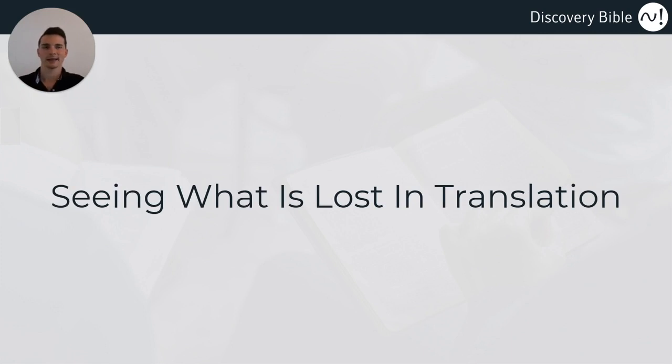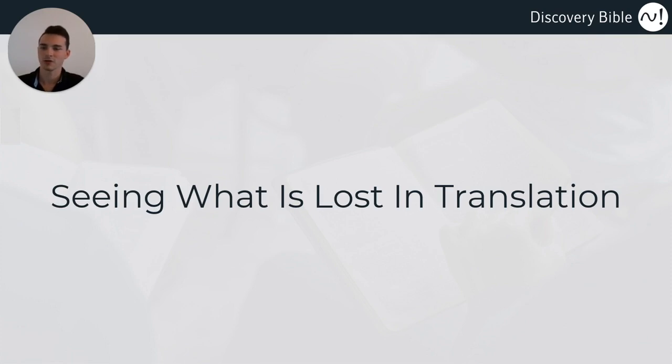We had the picture prompts, the way Greek and Hebrew prompt the reader to see actions a certain way, and how you're able to find those on a parsed interlinear and Bible Hub, but really easily in the Discovery Bible, they're accessible to you. We looked at word definitions and devotional definitions and the different resources available to you that you can use to better understand words that aren't translated that well.